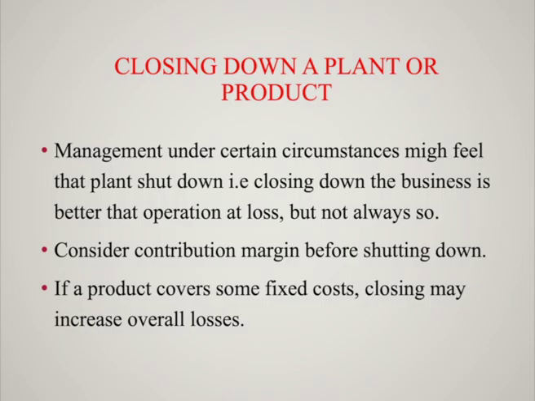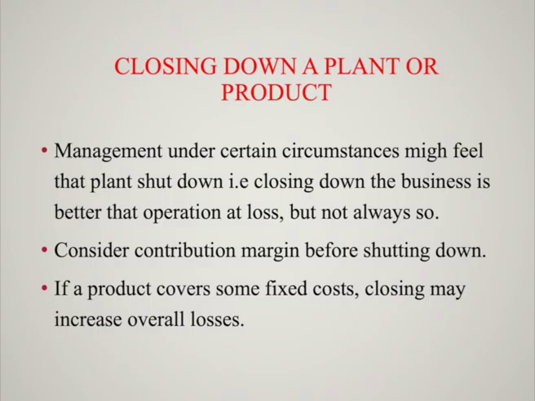This marginal costing technique is also used for closing down a plant or product. Whether we want to continue the plant, or whether we want to produce that particular product or not, we estimate with the help of marginal costing.